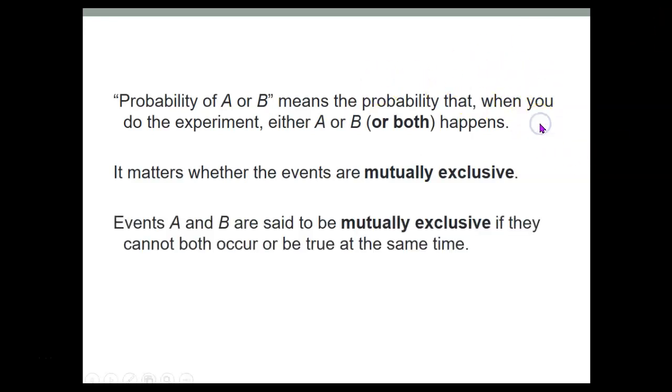So mutually exclusive means that they can't both occur or both be true at the same time. They exclude one another. So if one of them is true, that excludes or rules out the other one. And it's mutual. It goes both ways. If either one of them happens, then the other one can't happen. So that's what it means to be mutually exclusive.